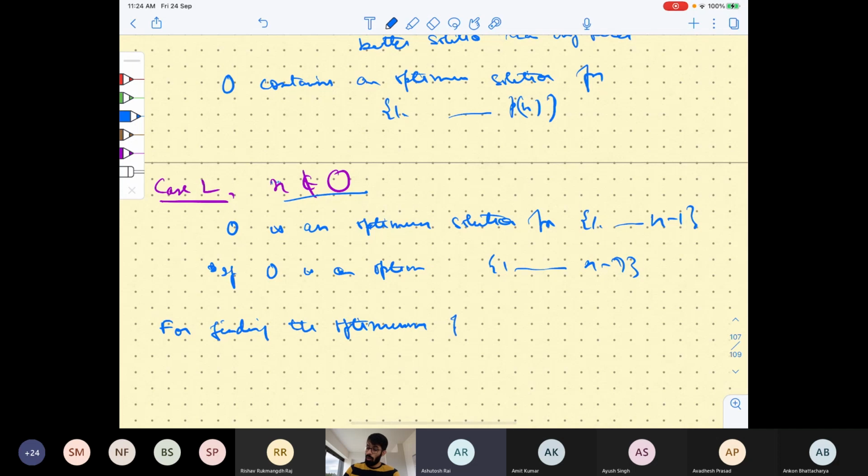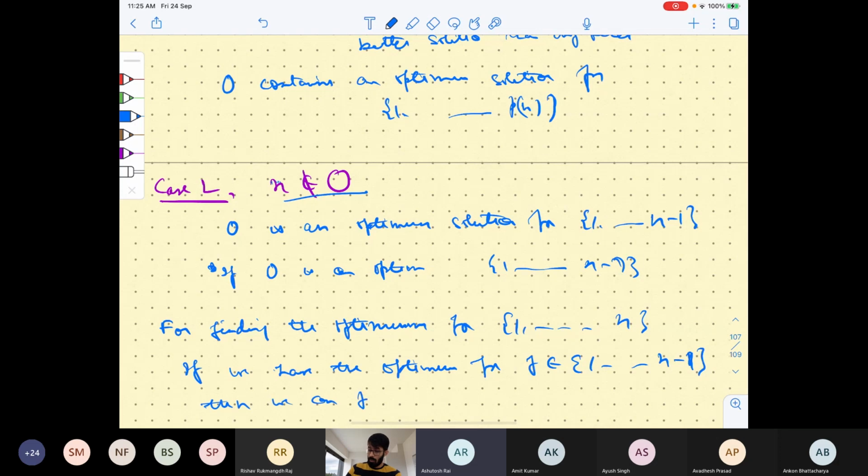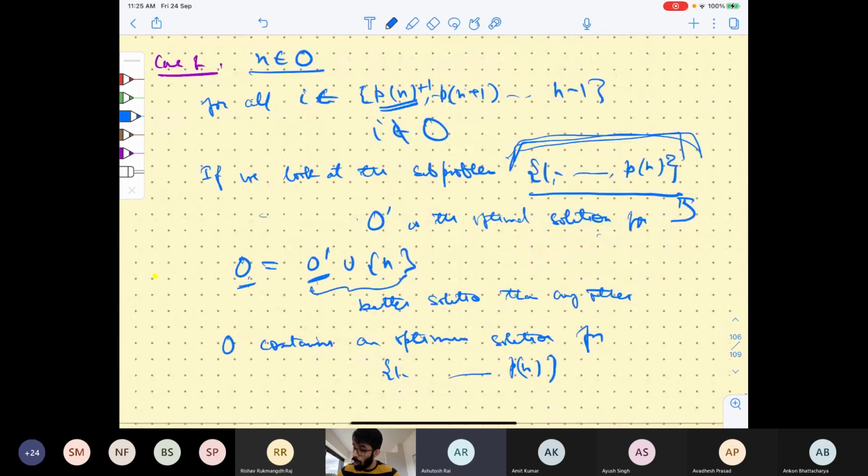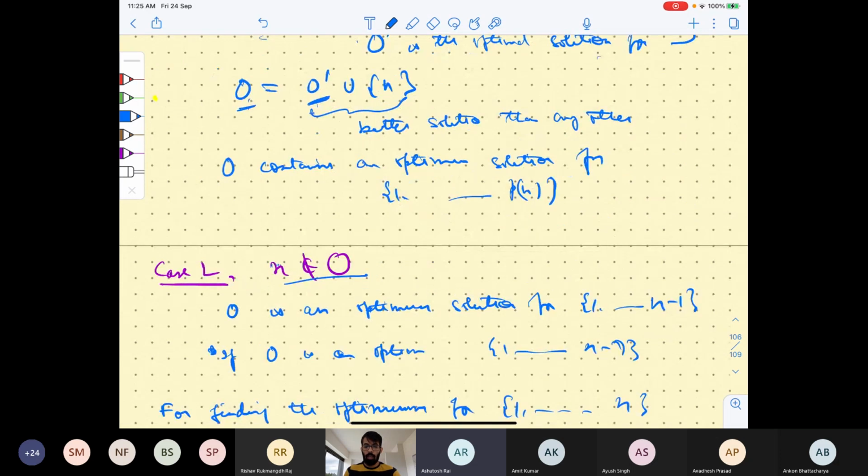For 1 to n, if we have the optimum for every smaller j, that is j belonging to 1 to n minus 1, then we can find the optimum for n. Because here also we wanted something smaller, and then we can compare these two cases. So let's see how we do that.